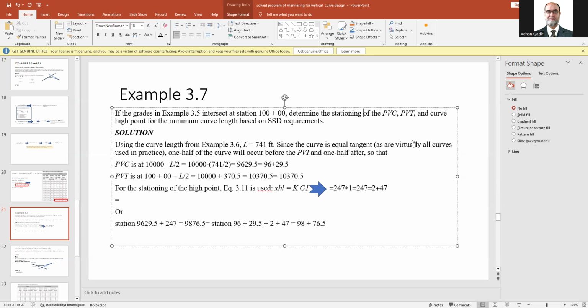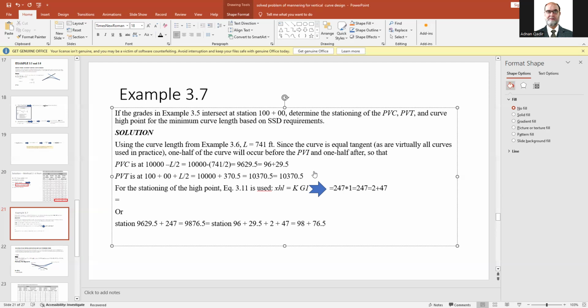It's very simple that PVC is PVI minus L by 2. So it is 96 plus 29.5. And PVT is what you need to do is to add L by 2 in the already PVI. So you will get this value.